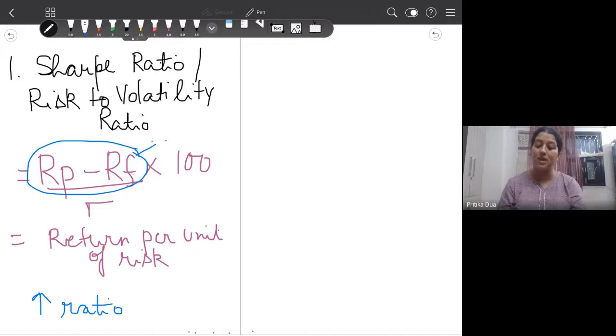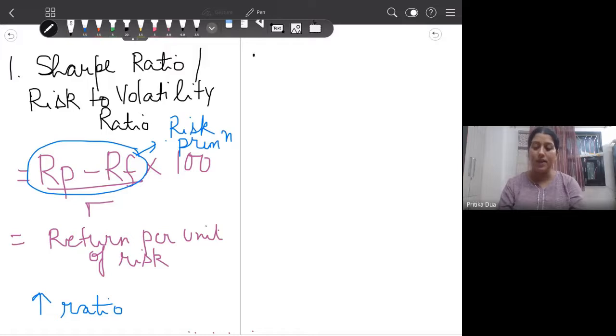So what is the risk premium you are getting on the investment made? And hence we compare the Sharpe ratio for alternate mutual funds, and the mutual fund which is having the higher Sharpe ratio will be preferred over the mutual fund with a lower Sharpe ratio. Here we are considering the total risk of the investment as measured by standard deviation.